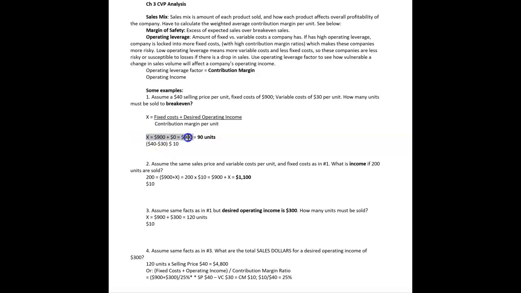That would give us 90 units to break even. So if we sell 90 units at $40 a piece, we'll make $10 per unit, and then 10 times 90 would be the $900 of fixed cost that we want to cover.